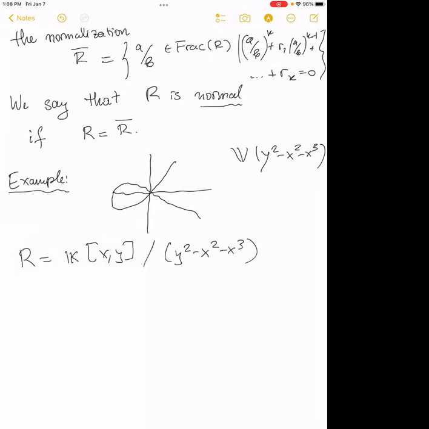Now the question is, what is the integral closure of R in its field of fractions, or the normalization? Well, one can check that in the field of fractions, we have this fraction y divided by x. And one can check from the defining equation, y squared minus x squared minus x cubed, that we have this relation.